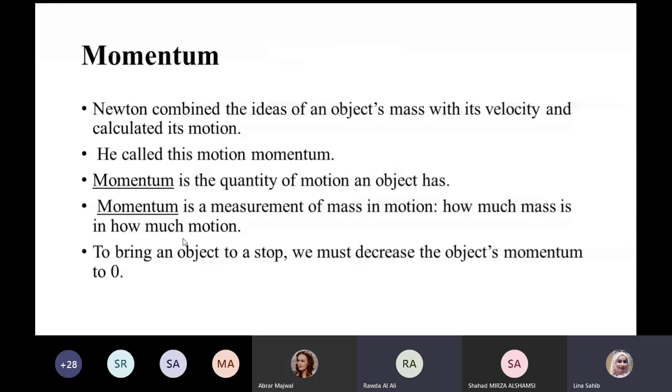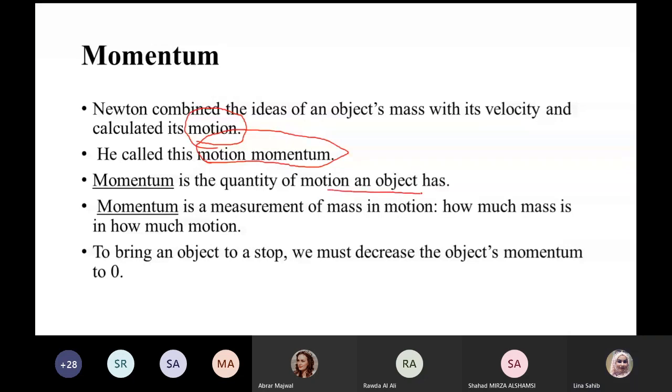The summary is, Newton combined the ideas of velocity and mass, and we call it what? Momentum. Momentum is a measure of motion. So momentum is how much motion the object has.